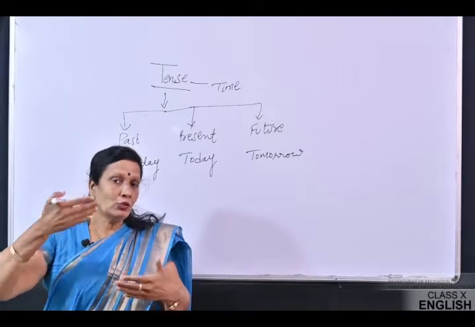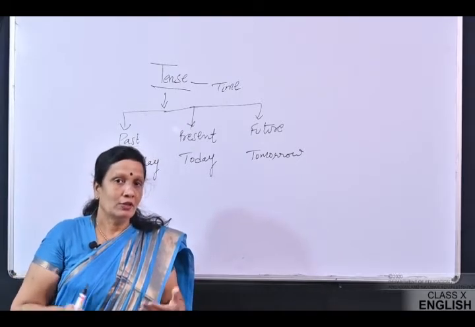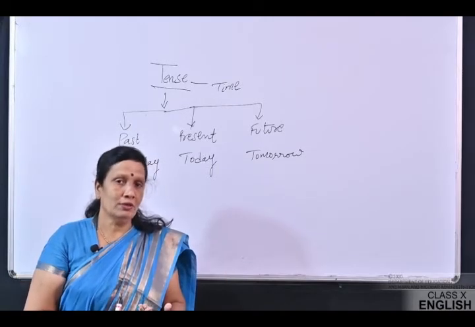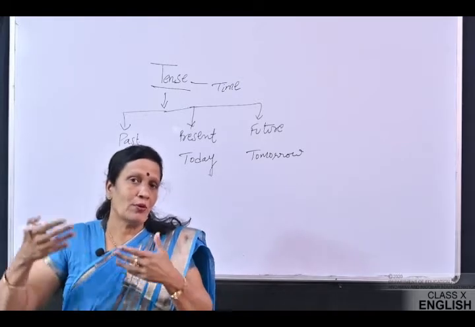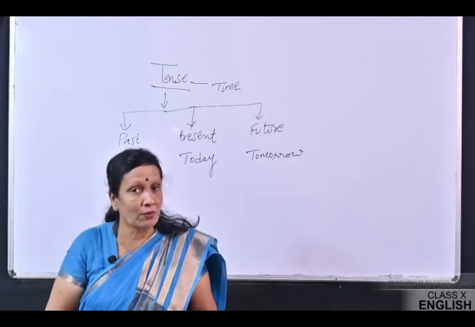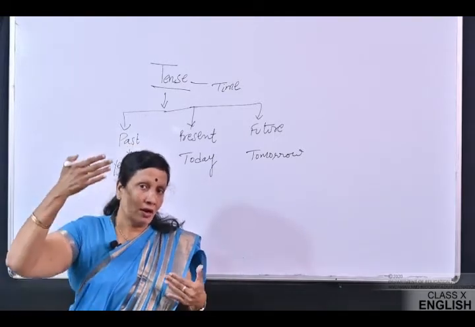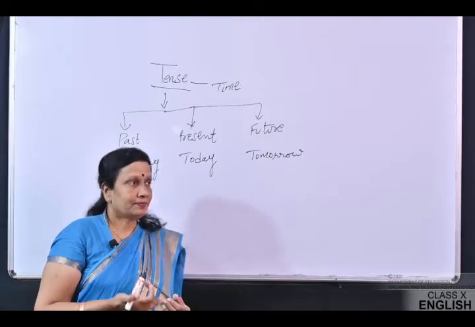Okay? So, we all plan for the future. Though we are not very sure about the future, but we do plan, isn't it? Tomorrow I'll go to my friend's house, my parents will be arriving tomorrow. So, lot of things which we are going to do, that is the future tense.